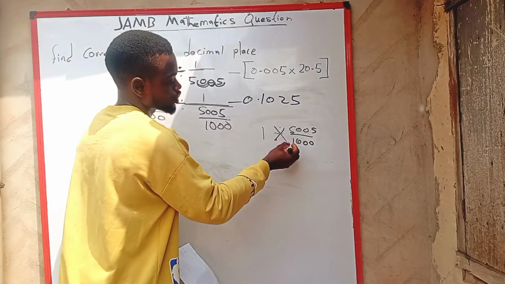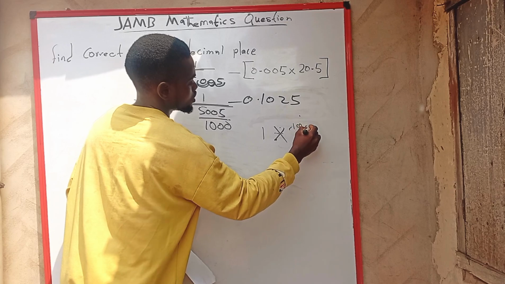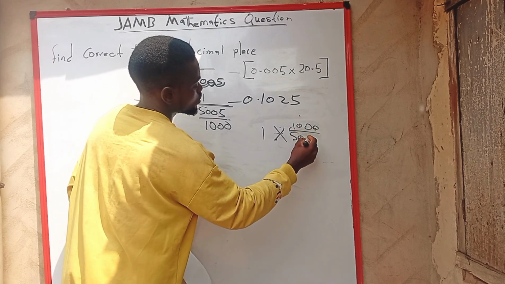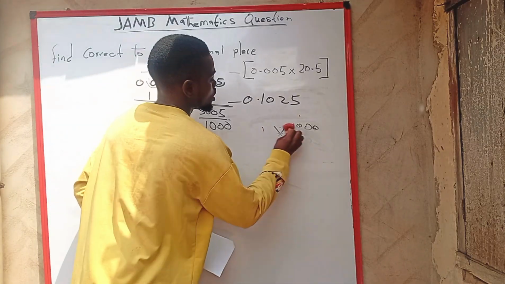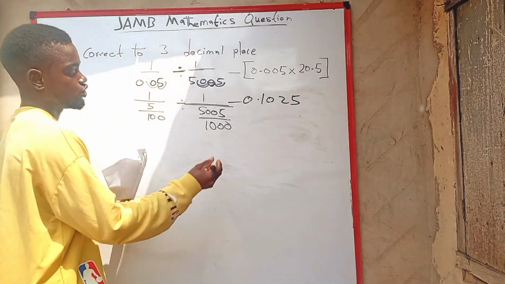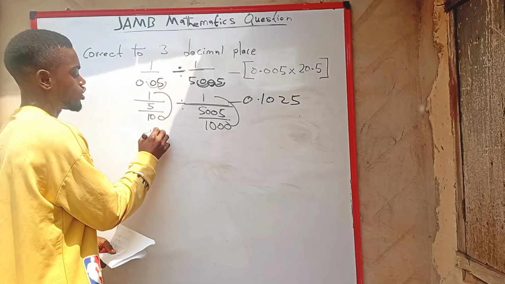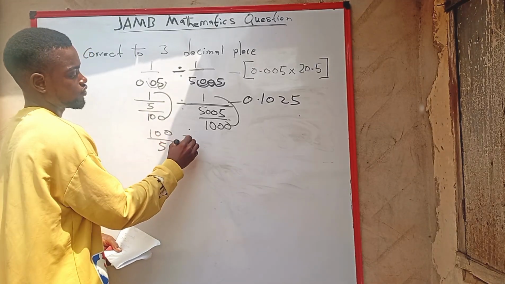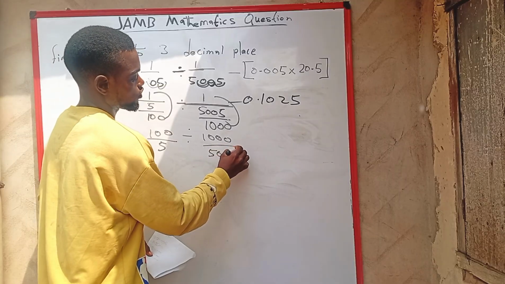Now changing it to multiplication, this will come over here, so we now have 1000 all over 5005. So this is the long way, but if you don't want to follow this process, all you need to do is use this and multiply by this, and use this and multiply by this. You now have 100 all over 5 divided by 1000 all over 5005.